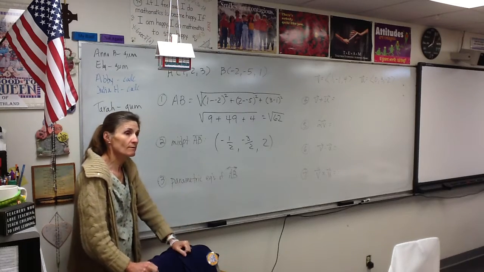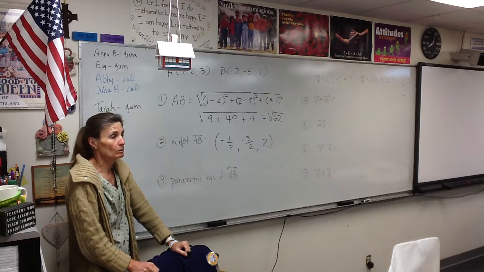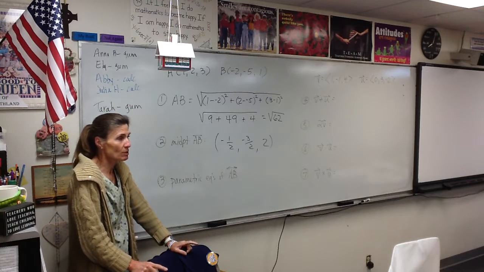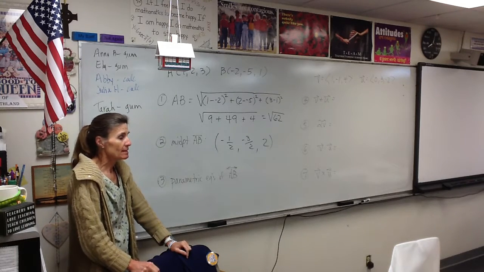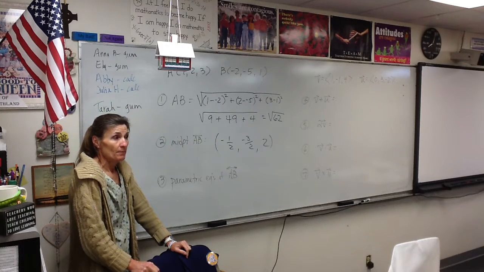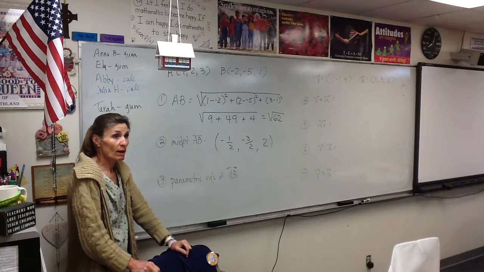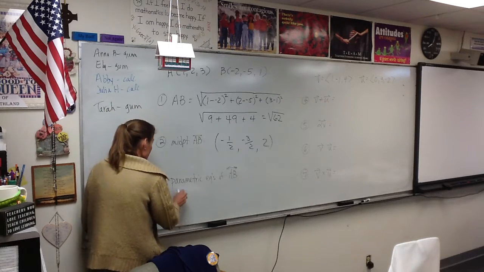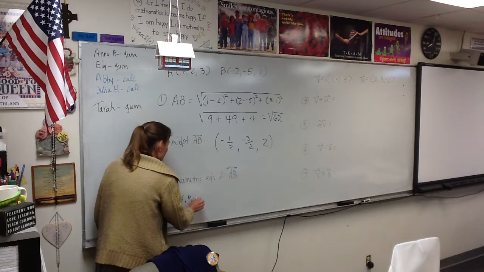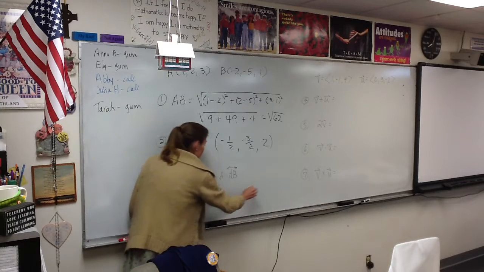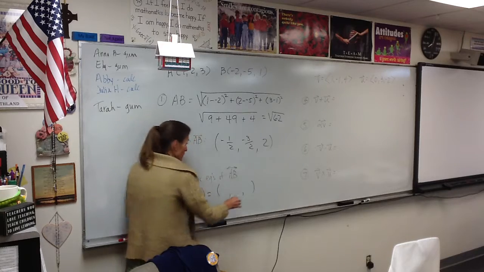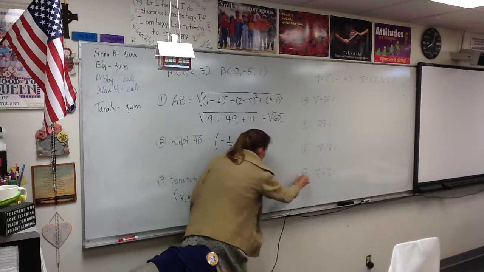Parametric equations of line AB. Whoa, back up. Parametric equations. Does anybody remember how we start this? Remember, we write a vector equation first. This time it'll be x, y, z equals a parentheses plus t times the parentheses.